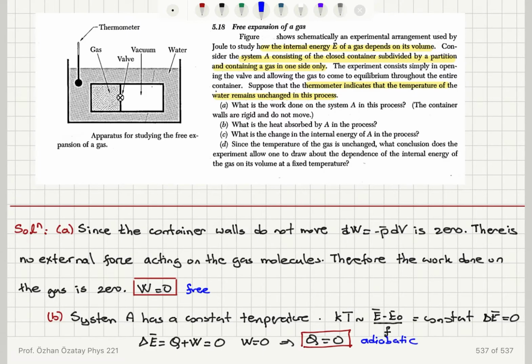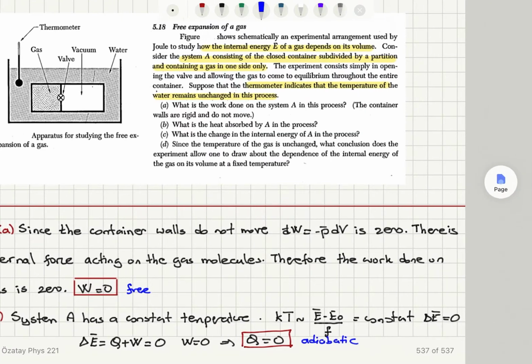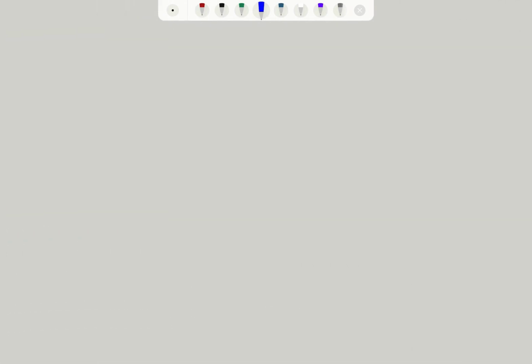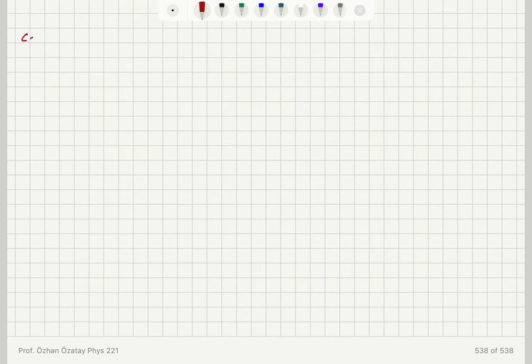Now in part C, what is the change in the internal energy of A in this process? I just argued that kT is proportional to mean energy above the ground state energy per degree of freedom. This is a constant, therefore delta E bar is 0.